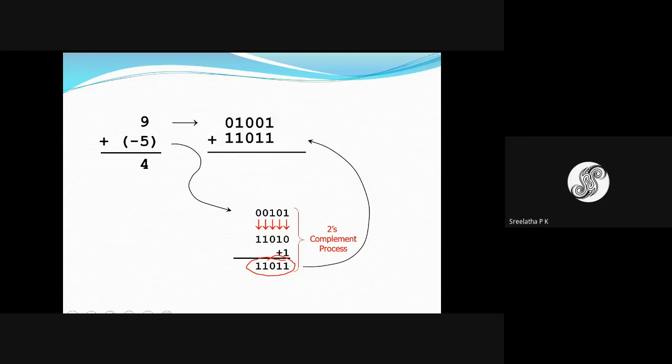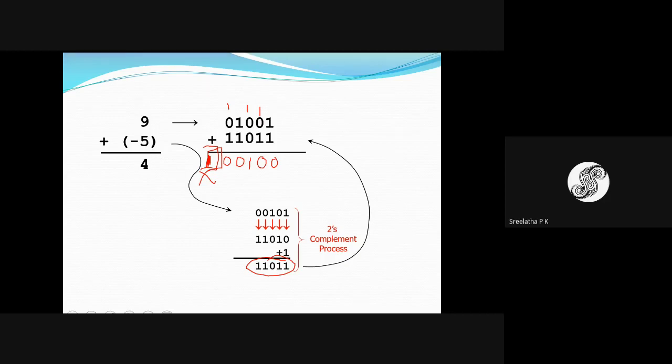When I do the addition process, 1 plus 1 is 0, carry 1. So 0, 1, and 1. 1 plus 1 is 0, carry 1. 1 plus 1 again 0 and 1. Whatever you get beyond the number of bits of the operand is discarded, not considered.